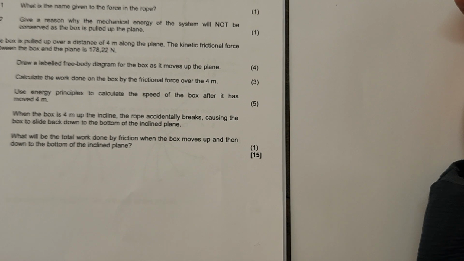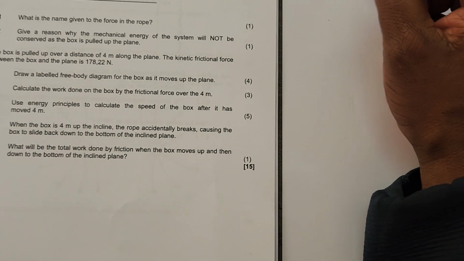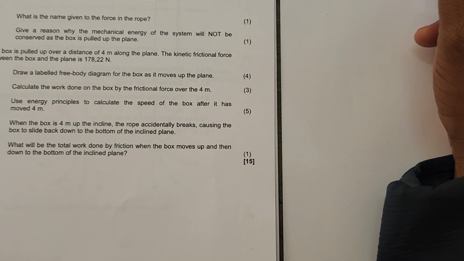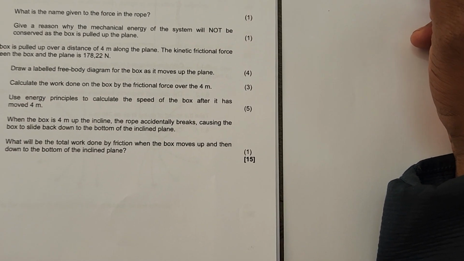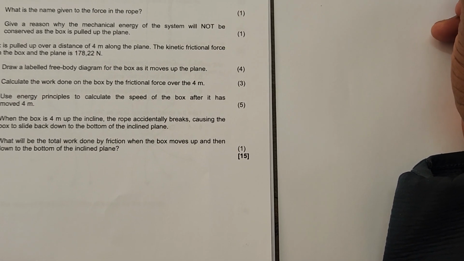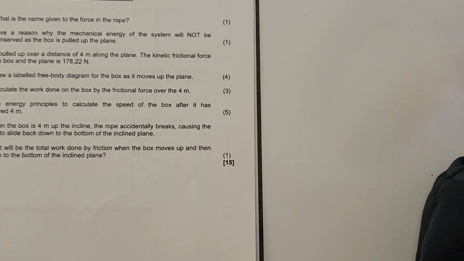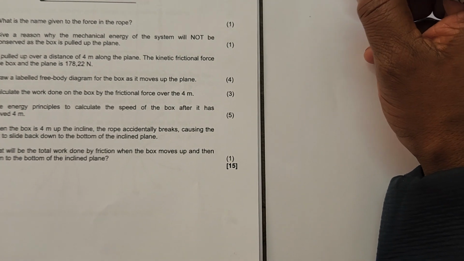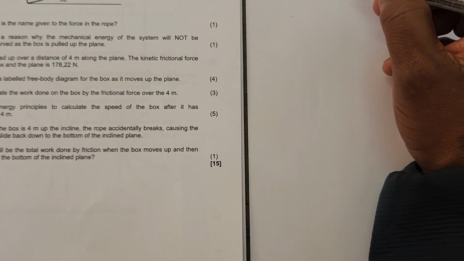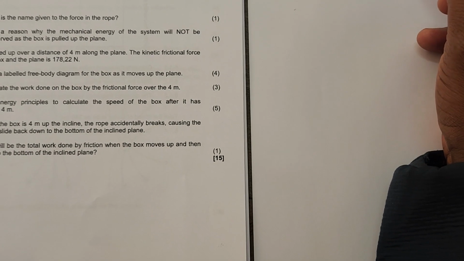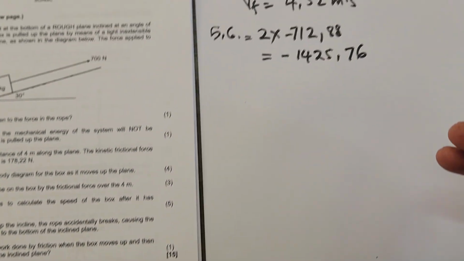So for the total work, remember work is a scalar, you just tell the examiner it will be 2 times the work done by friction, which is negative 712.88. It's unlike vectors; if it was a vector, it would cancel out. Here we talk about energy. So work is energy, and it will be negative 1425.76.